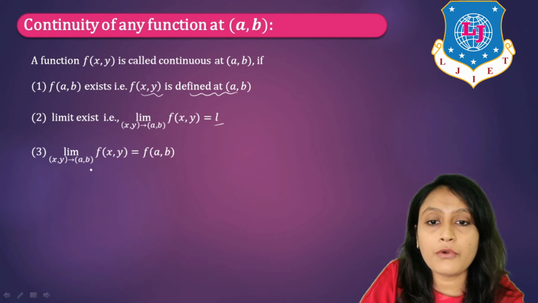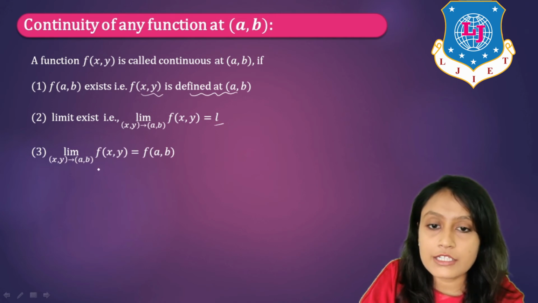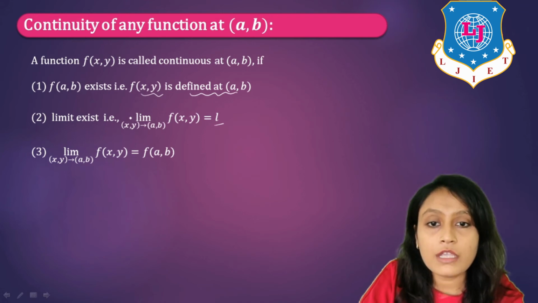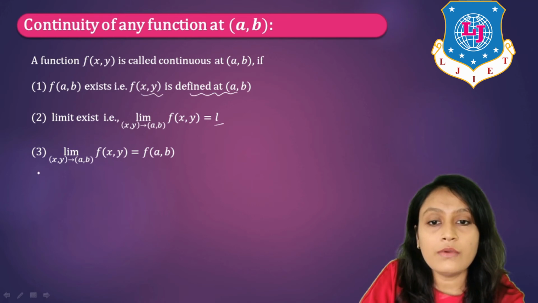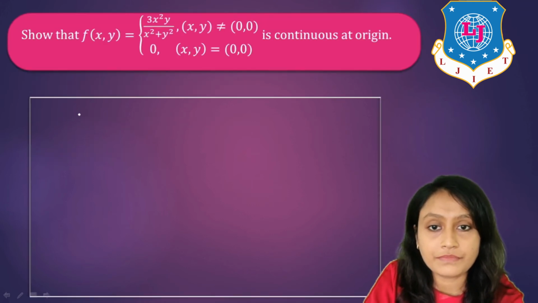The third point is that the limit as (x,y) tends to (a,b) of f(x,y) is equal to f of (a,b). If these 3 points are satisfied, then we can say that the function is continuous at this particular point.